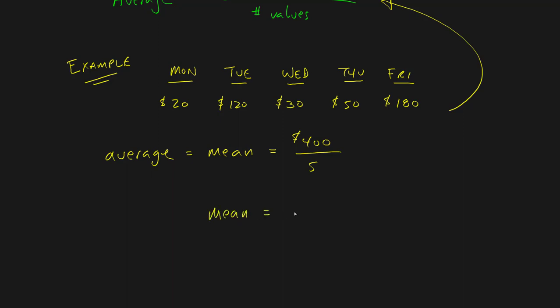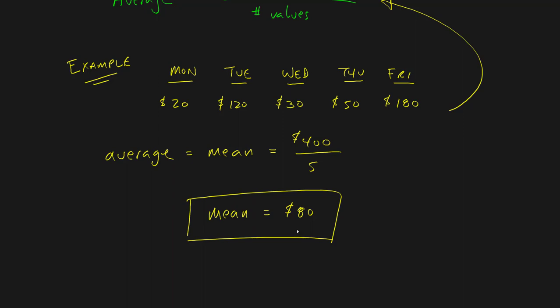So the mean is 400 divided by 5. That's $80. So we make, on average, $80 per day. That's what we get as a summarizing single value, a single value that gives us the typical amount that we make per day. So pretty straightforward. It's just the way you would normally think about an average. You just take a total of all of the values divided by the number of values that went into it.